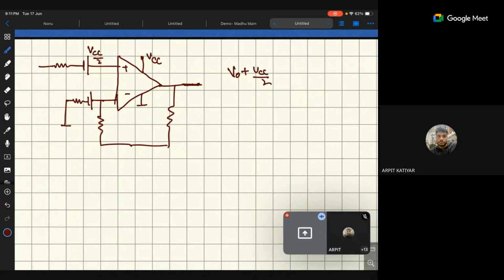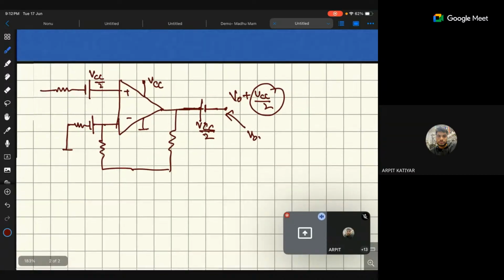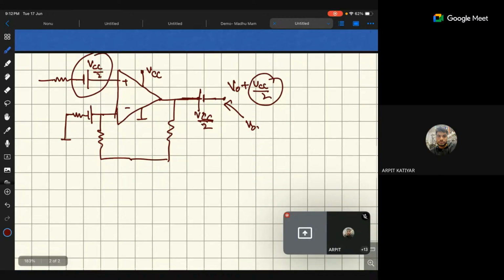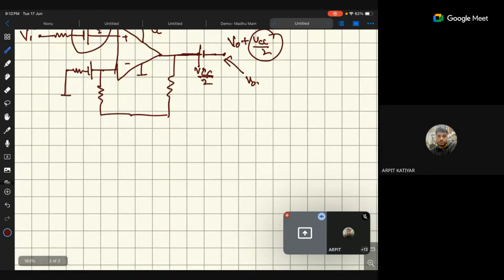Now to remove this VCC by 2 term, what should I do? I have to apply this VCC by 2 with the opposite polarity, so that the output voltage is V0. Now the question is, from where do we get this VCC by 2? One way is that we require the Vi signal.